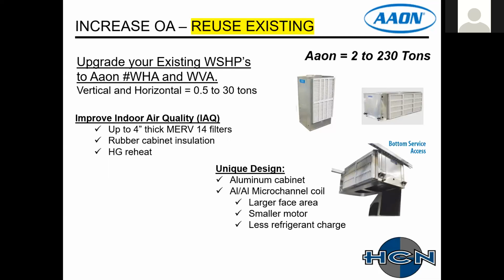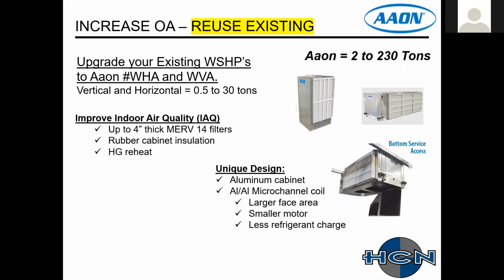They have a unique design where there's an aluminum cabinet for lightweight corrosion protection. They have an aluminum microchannel for your evaporator coil. That larger face area results in smaller motor usage, smaller motor horsepowers. And then, as everybody's familiar with, microchannel typically has a lower refrigerant charge versus the traditional copper tube aluminum fin coils.